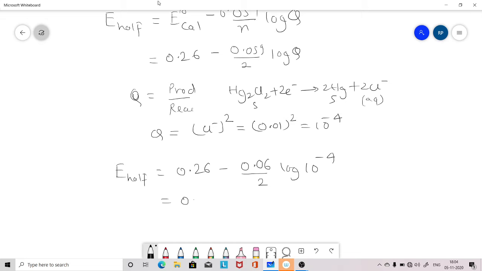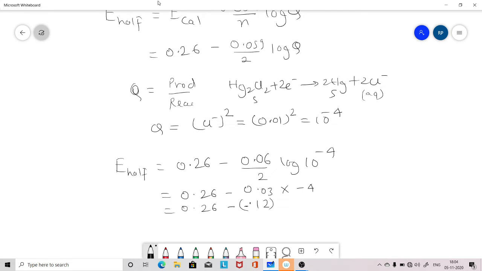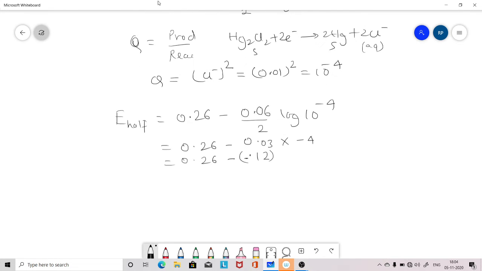So 0.26 minus 0.03 into minus 4, that becomes 0.26 minus, minus 0.12, and it will become plus here, so we will get 0.38. That is your E half cell.